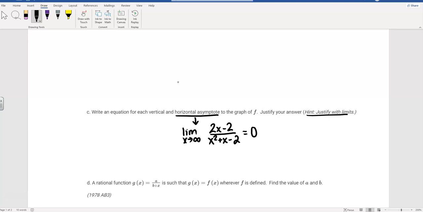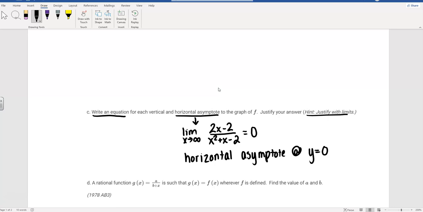Now, you do need to write that there is a horizontal asymptote at, you need to give the equation for the horizontal asymptote because it says write an equation. So that is y equals 0. That's a horizontal line, y equals 0 for that. Your vertical asymptotes here where you cancel, that should already be up there.